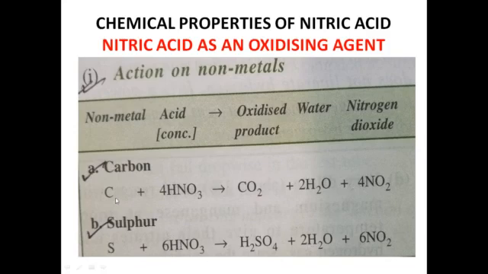So the difference you can see is when carbon combines it gives carbon dioxide, when sulfur combines it gives sulfuric acid. Rest of the products are same: water and nitrogen dioxide.